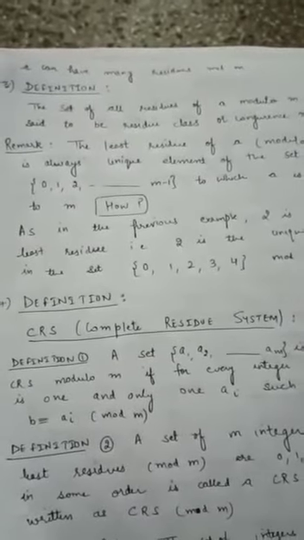Here 2 is less than 5 and greater than 0, so 2 is the least residue of 37 mod 5. The example shows that any integer A can have many residues modulo M. So I hope you understand the definition clearly.